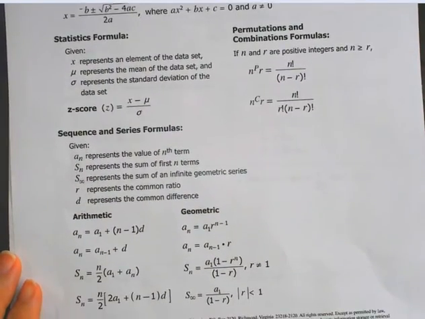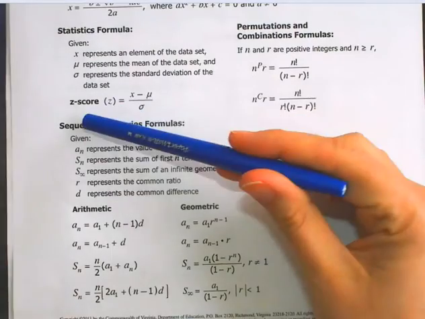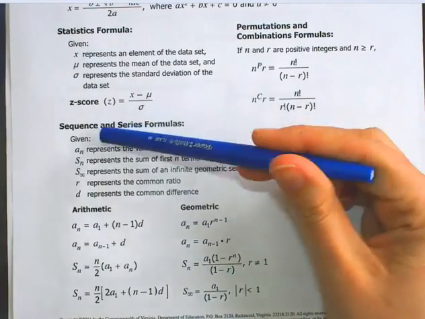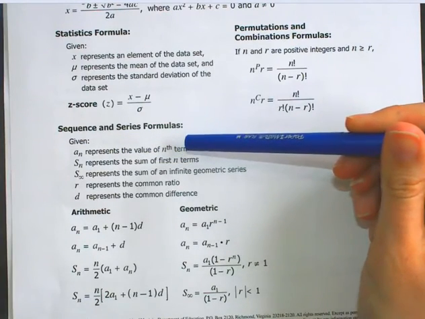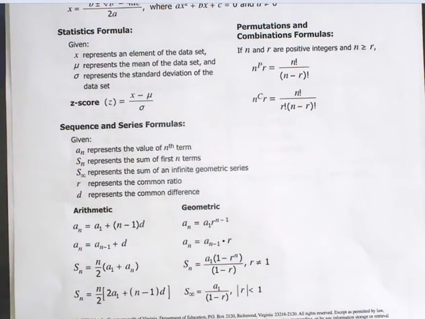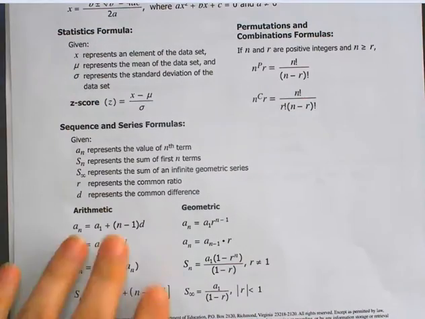So on your formula sheet, this section under sequence and series, notice that A_n represents the value of the nth term. Okay, so what that means is, I'll give you an example here.